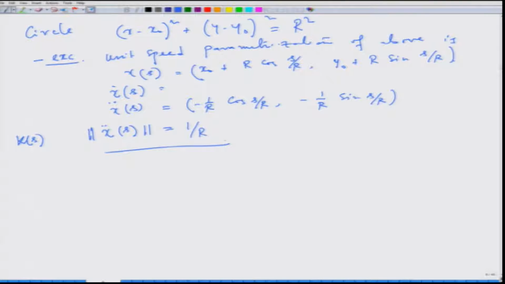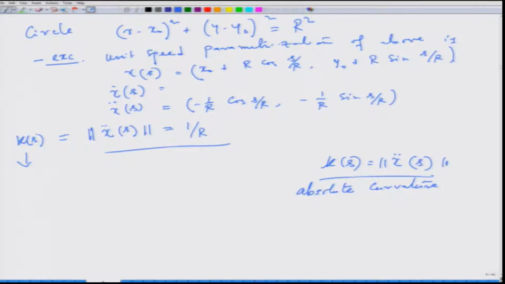So, if r is more, curvature is less, and that is what I wanted. This quantity k(s), the norm of gamma double dot s, we will refer to as absolute curvature, because very soon I am going to introduce what is called signed curvature.